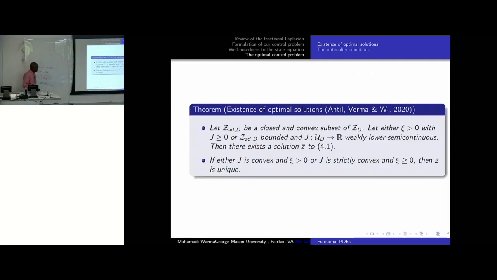Then here we have the existence. If our set of admissible controls is closed and convex, a subset of Z_D, and psi is positive, with j also greater or equal to 0, or the set of admissible controls is bounded, and J is weakly lower semi-continuous, then we have a minimizer.